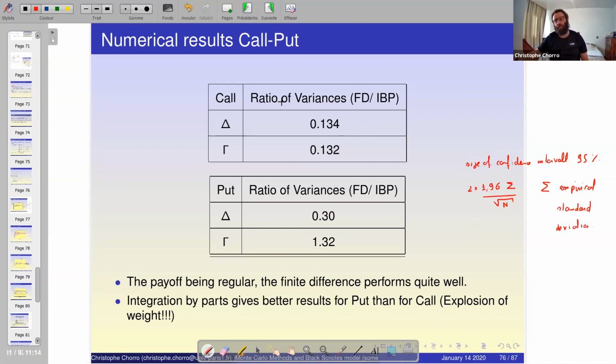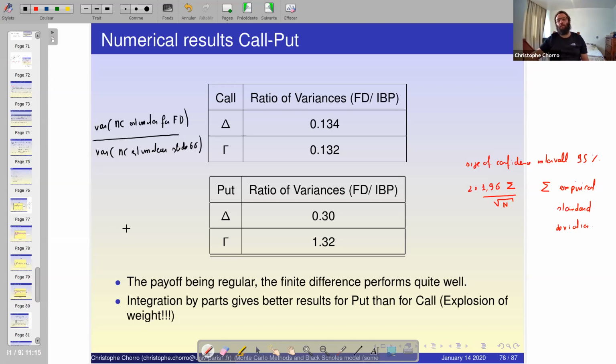Here, what I call the ratio of variances is the variance of the Monte Carlo estimator for the finite difference over the variance of the Monte Carlo estimator from slide 66.